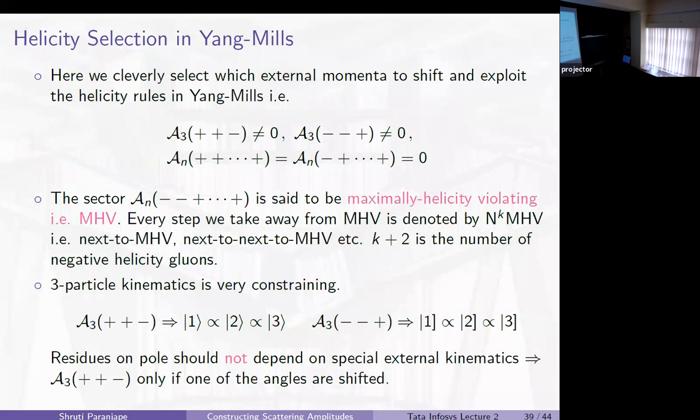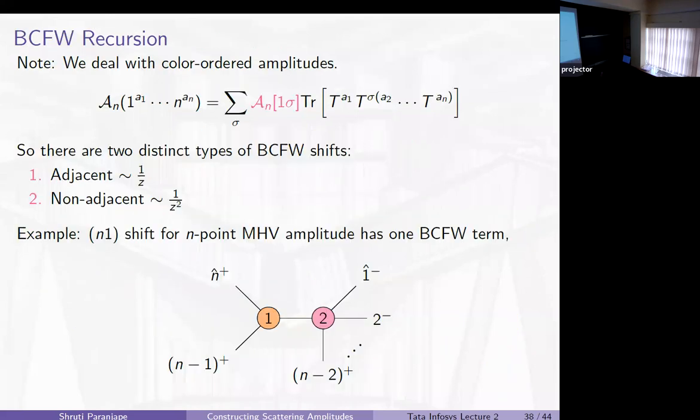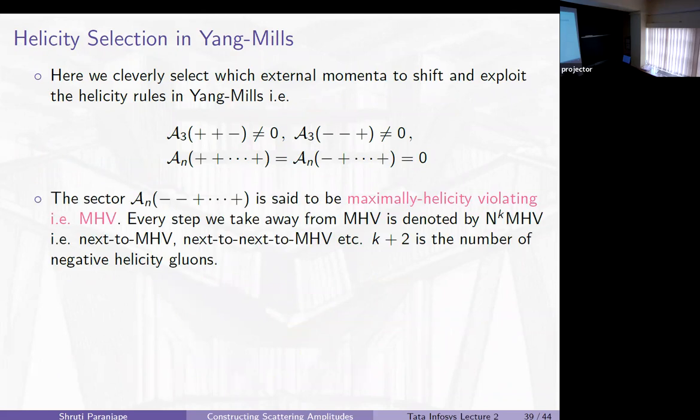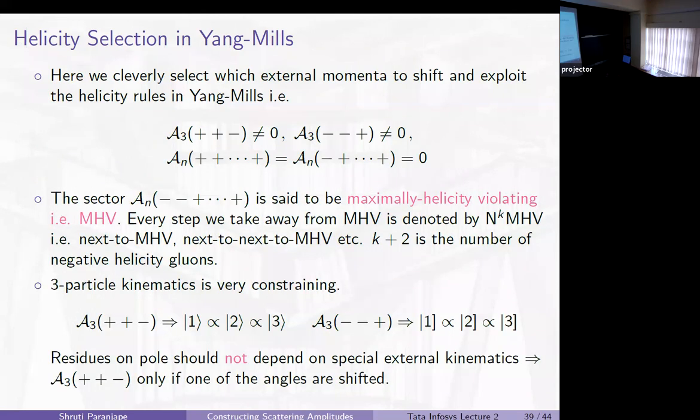Okay. The final thing I wanted to note over here is that when I do this shift, I am choosing to shift the angle for n and the square for 1. And if I didn't do this, I would run into the following problem, which is for 3-particle kinematics in 4 dimensions, you are constrained to either choose all the angles or all the squares to be proportional to one another.